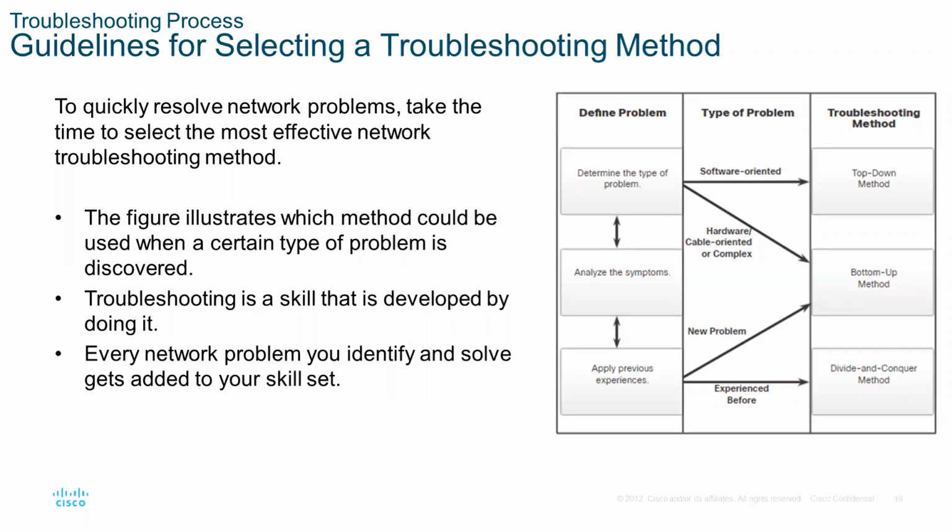If it's software-oriented issues, then you should really use a top-down method because applications are at the top of the OSI stack. So a top-down method is explicit. If they're talking about hardware issues, well, maybe you should use a bottom-up.